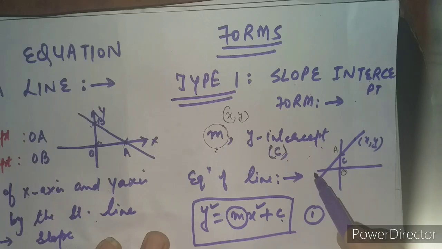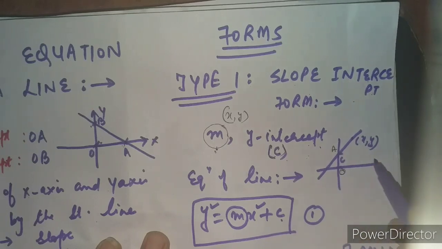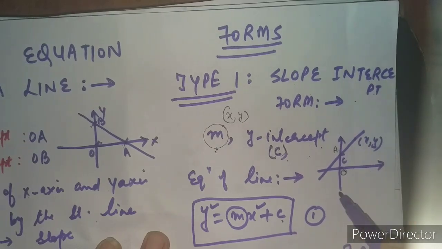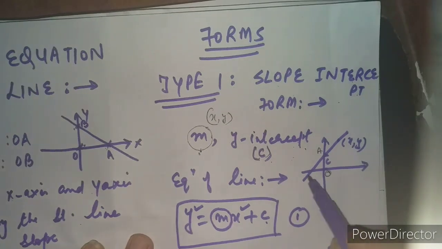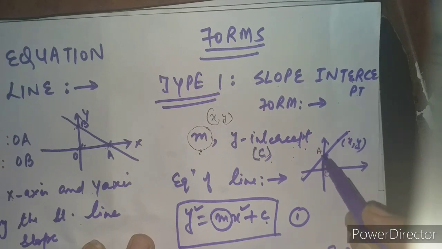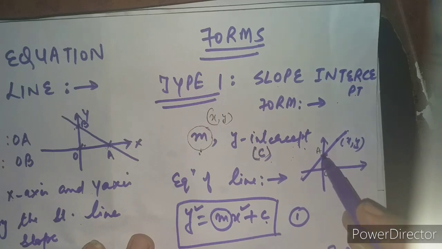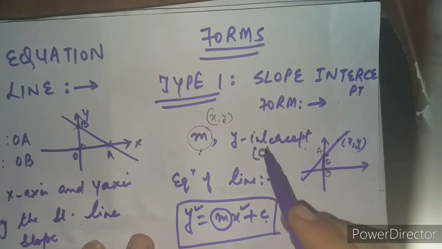Okay, so I have again drawn the setup for you. This is the x-axis, this is the y-axis, right? The y-intercept is the part of the y-axis cut by this straight line, and it is denoted by small c. It is OA otherwise, but here I have denoted it by small c.